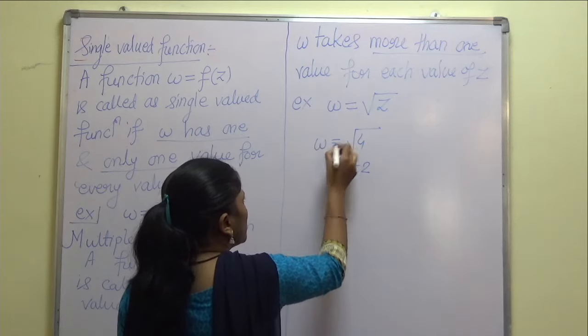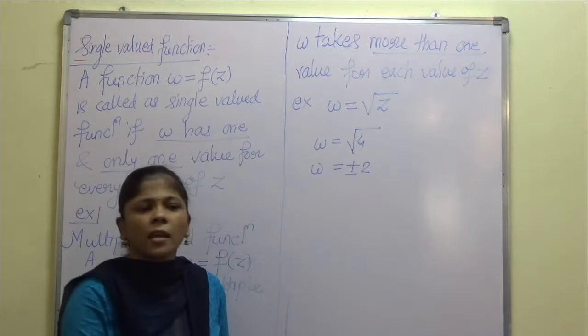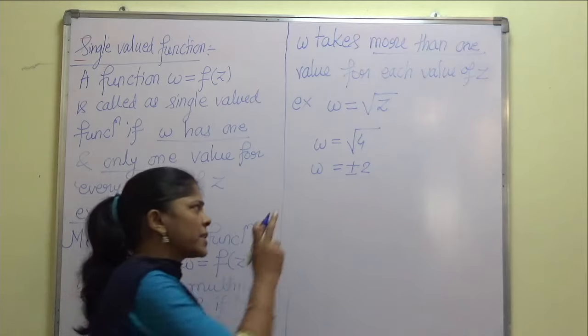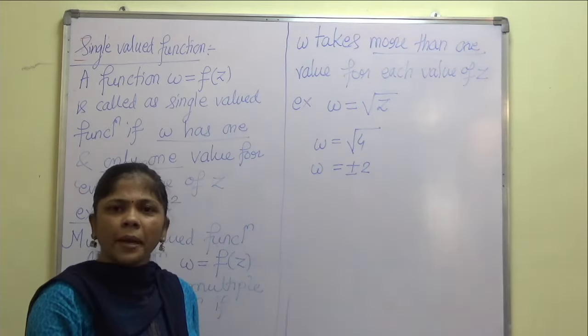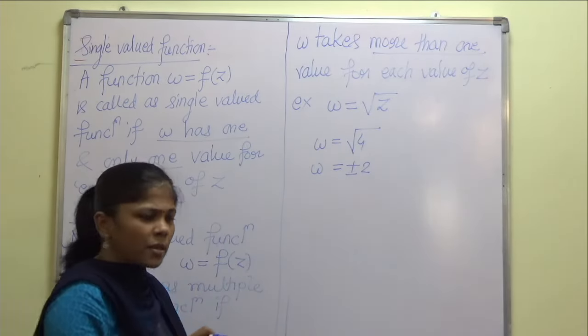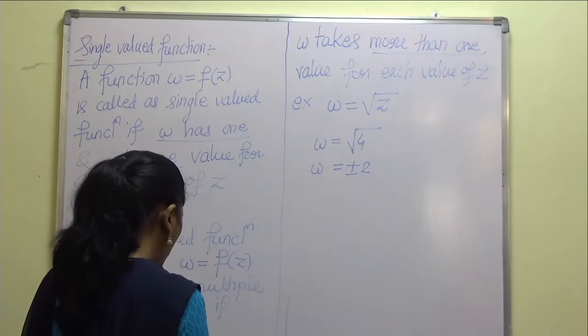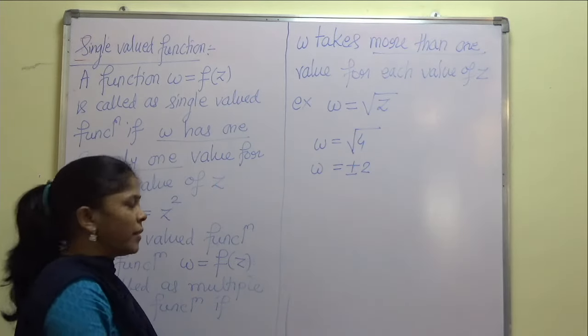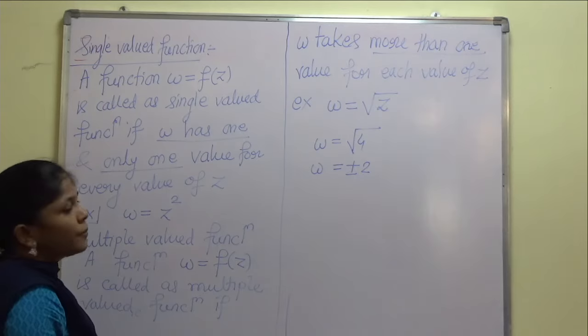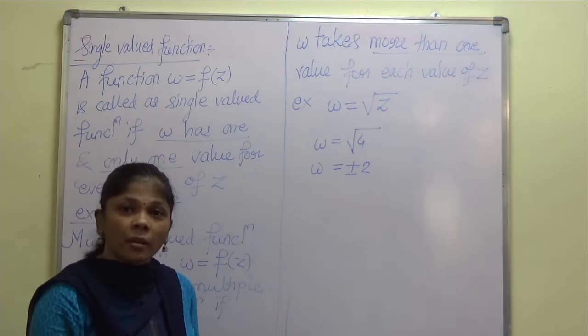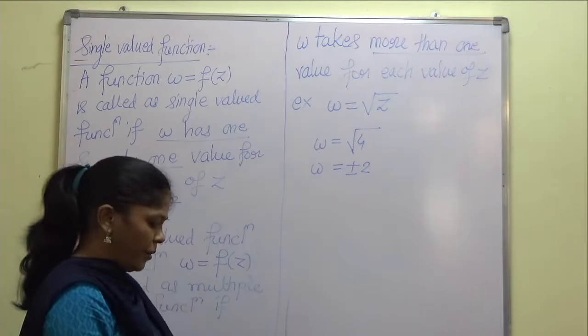So how many values is omega taking? Two values. One is plus 2, another is minus 2. So like this we have the types of function: one is single valued function and another is multiple valued function.